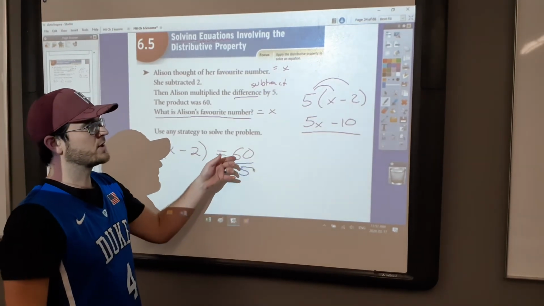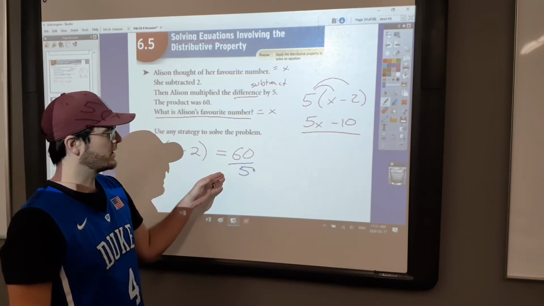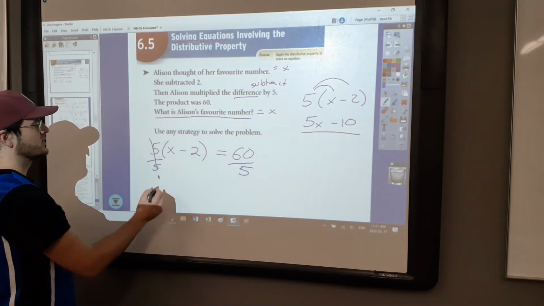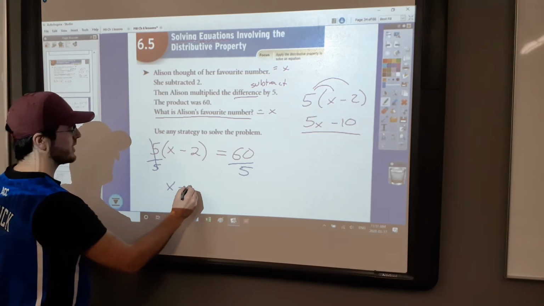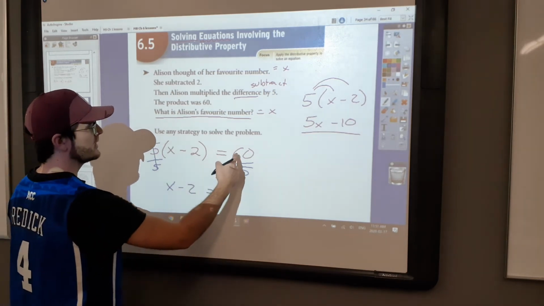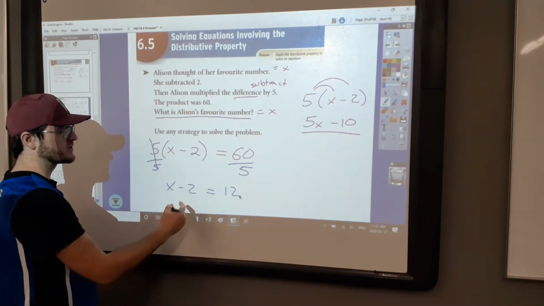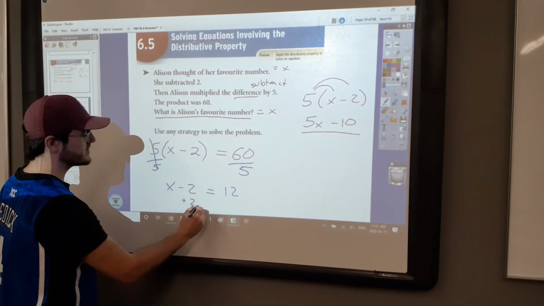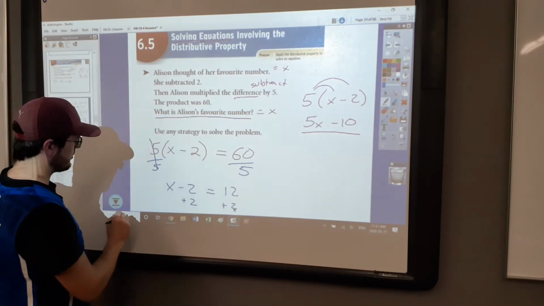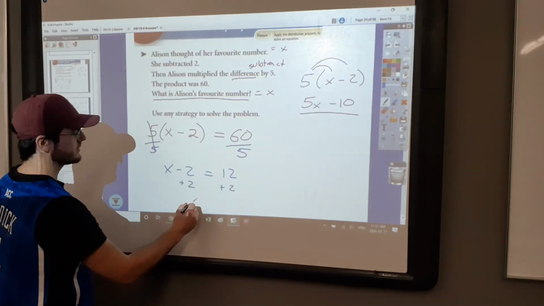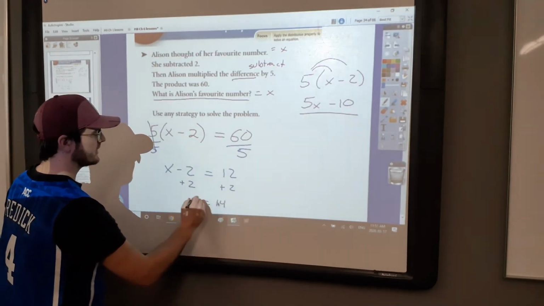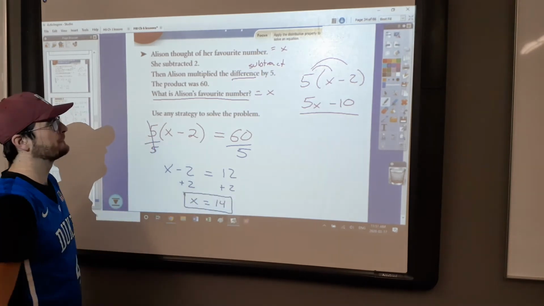So if it's going to give you a nice whole number, it can be a nice little shortcut to take. Okay, so this is gone. I'm just left with x minus 2 now, what's in brackets, and 60 divided by 5 is 12. Okay, and now it's just one step remaining. So instead of 3 steps, you can sometimes get away with just 2 steps. So x equals 14 would be our answer there.